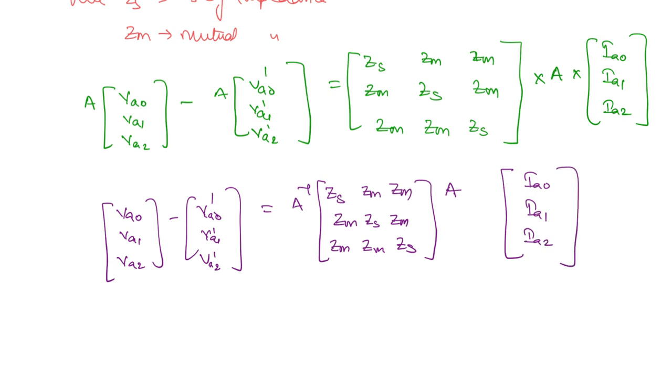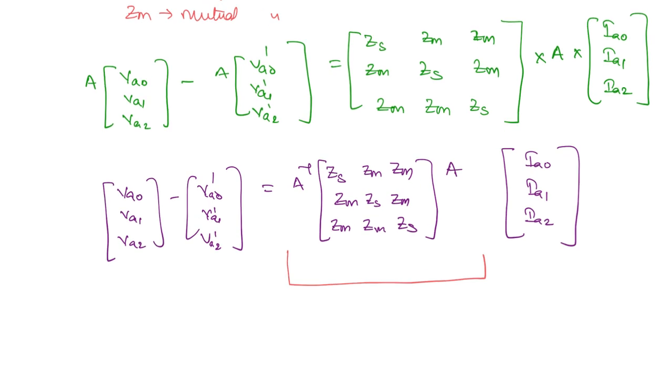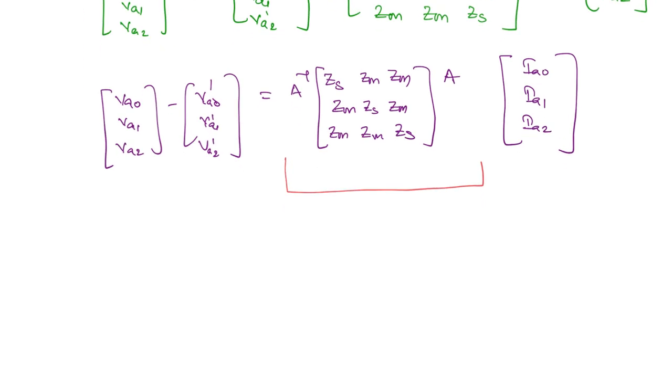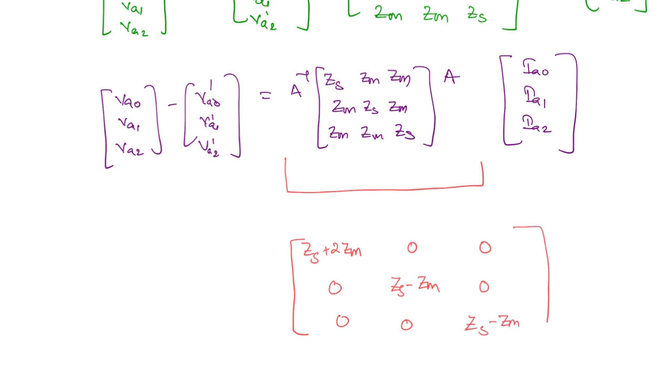Now these three matrices, A inverse into this matrix into A, if you calculate, you can try it later, I will write the final expression: ZS plus 2 ZM, 0, 0, 0, ZS minus ZM, 0, 0, 0, and finally ZS minus ZM.